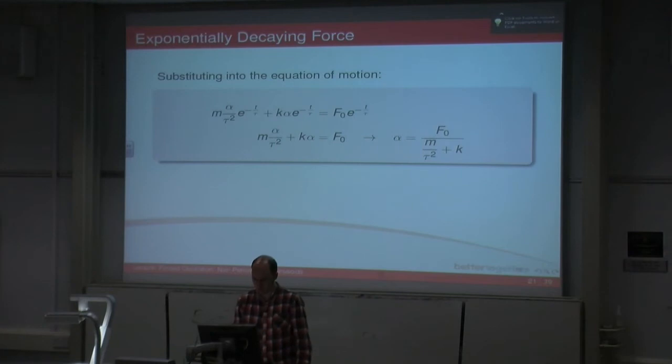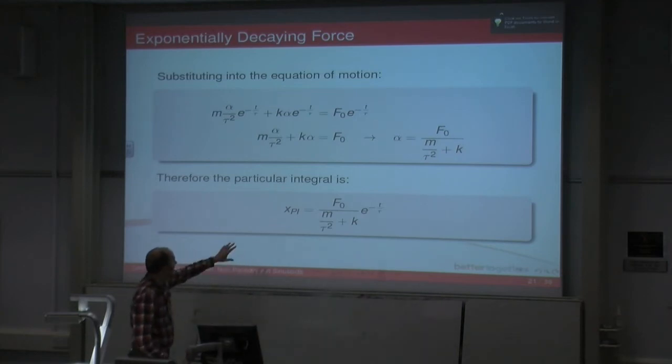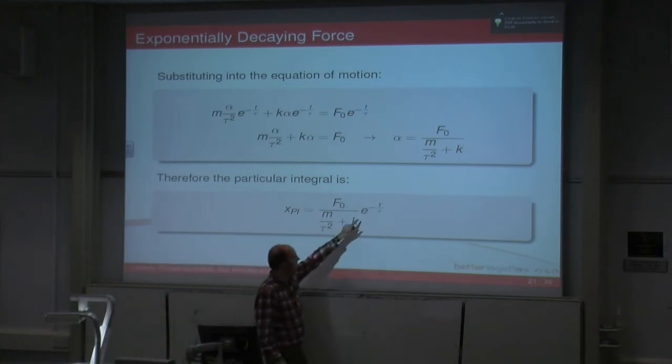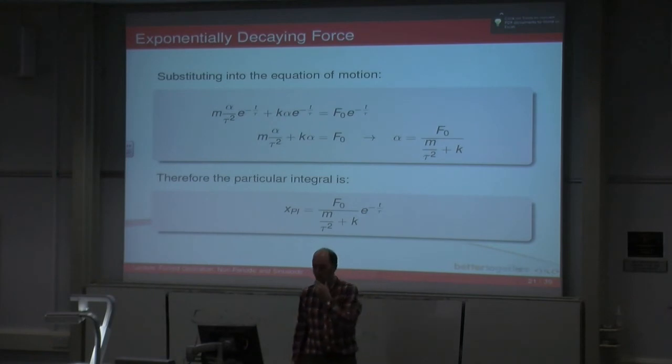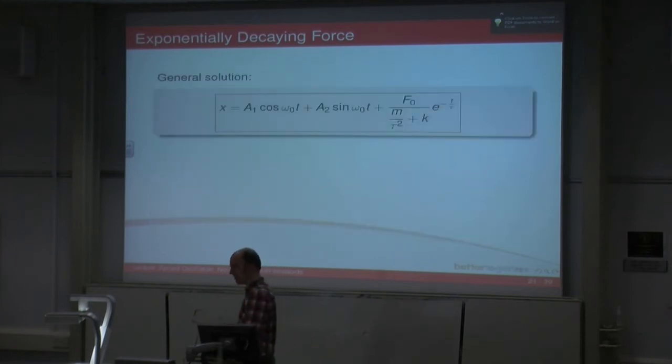It's never nice. And so the particular integral is basically we stick that term, alpha, in front of our exponential, which is what we had as our trial function. And so the general solution, x_cf, is the same, plus our x_pi.